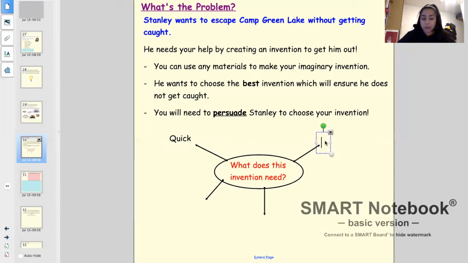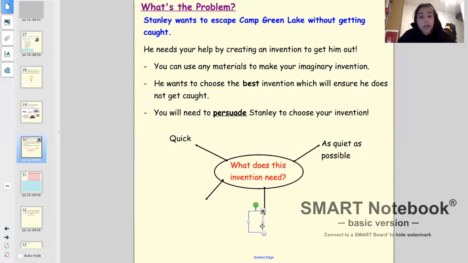He doesn't want to get caught, so it has to be as quiet as possible. He will also need to have, where's my notes? There we go.